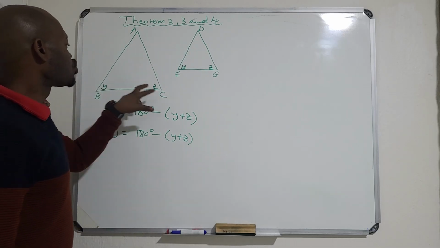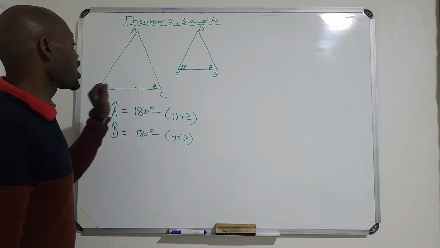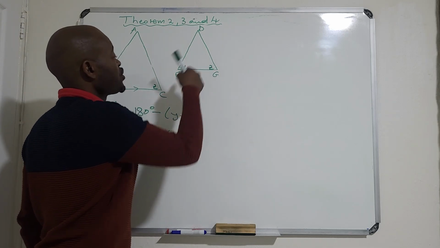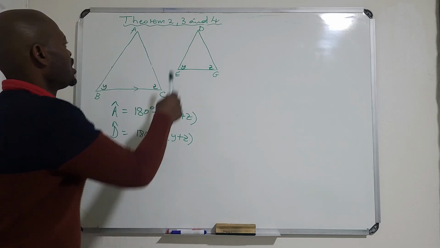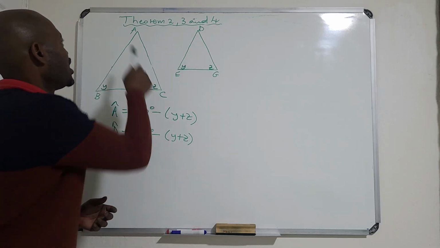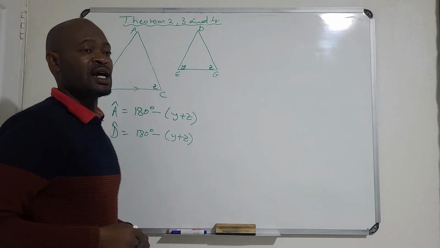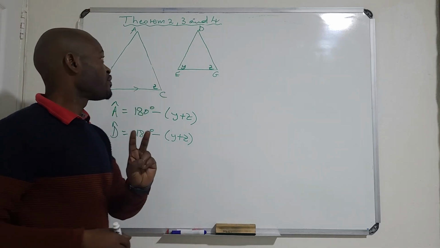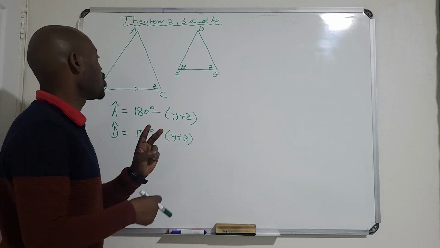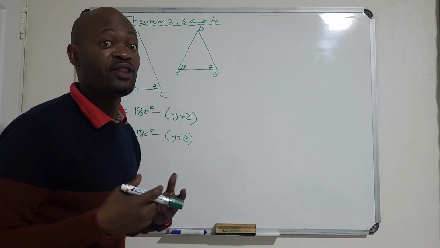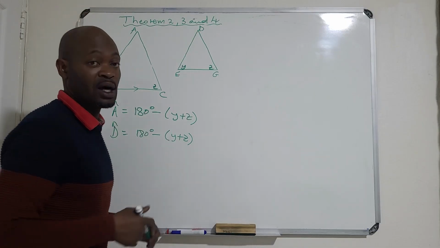Therefore, when two interior angles of one triangle equal two interior angles of another triangle, then the two triangles are similar. No need for us to even look at the last angle. When only two corresponding angles are equal, then the two are equiangular.